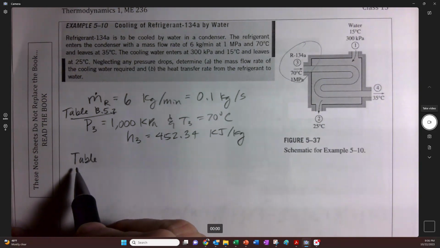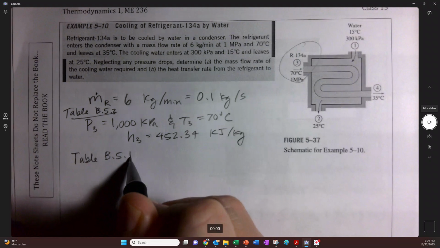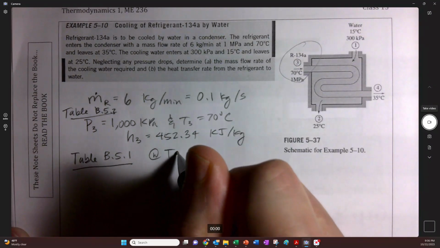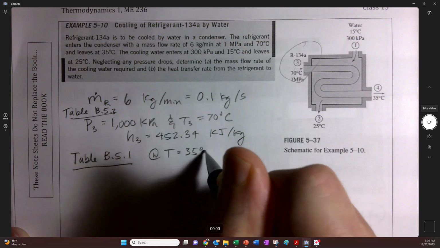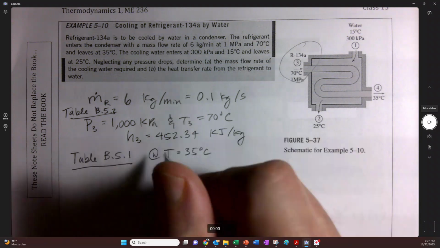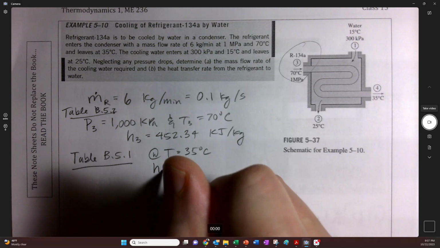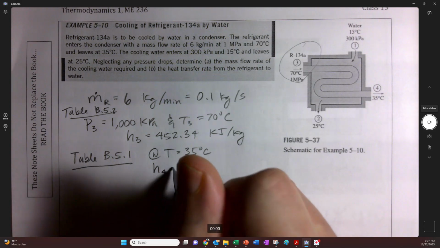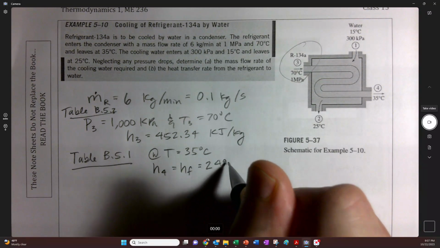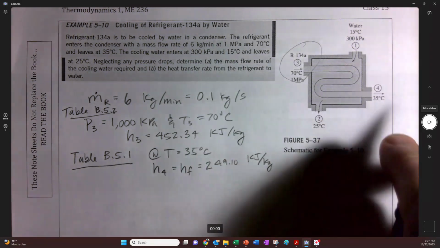So if I go to table B.5.1 for this right here, at the temperature of 35 degrees Celsius, I want to know what the pressure is. I didn't write it down, so maybe we're going to take a little detour here. And we're going to say that h4 was equal to the hf at that, 249.10. But you know, the pressure does play a role here, in the saturation.